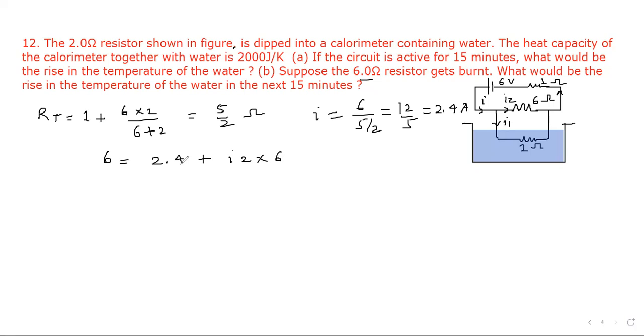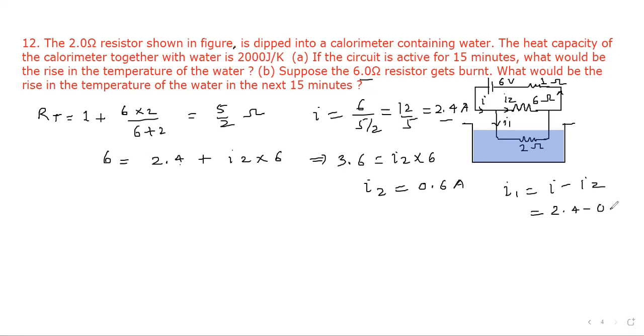So 2.4 can be shifted to the LHS, so we will be left with 3.6 equal to I2 into 6, from where we get I2 equal to 0.6 ampere. Then I1 will be equal to I minus I2. So I is 2.4, 2.4 minus 0.6, so 1.8 ampere.